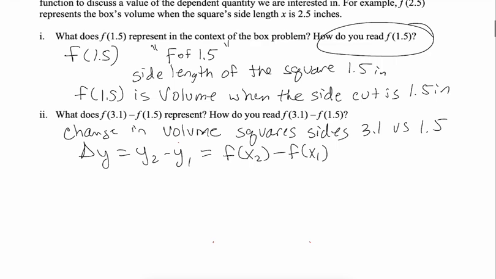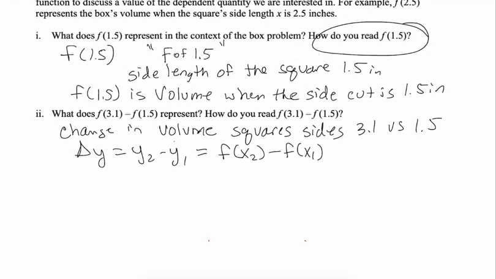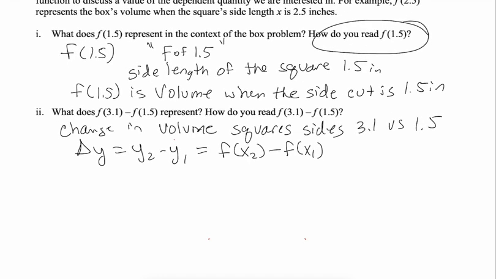So that change in volume, that delta y, it's important that we still know how to find that in the context of a function. It's just, we might use function notation. That's the main difference. Everybody okay with those? Do we have any questions, concerns? Anybody have any questions about that?